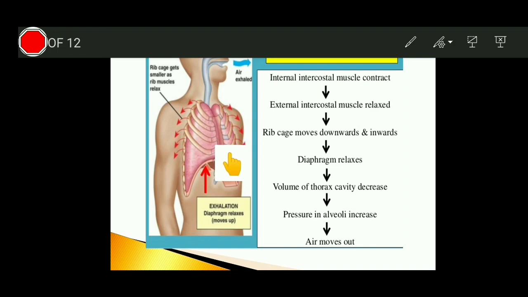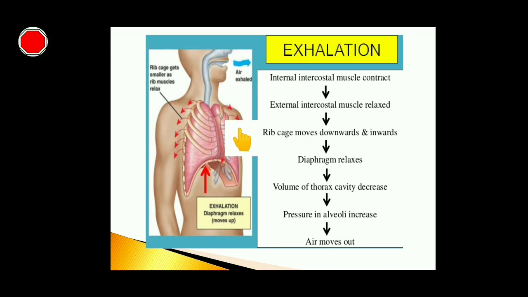So naturally, the volume will decrease. As the volume decreases, pressure will increase on alveoli, and as a result, the air will be pushed out, and that we call exhalation. So this is how we exhale.